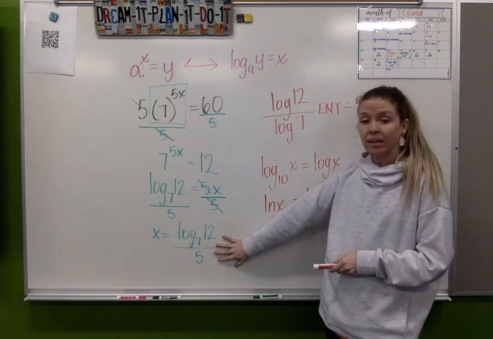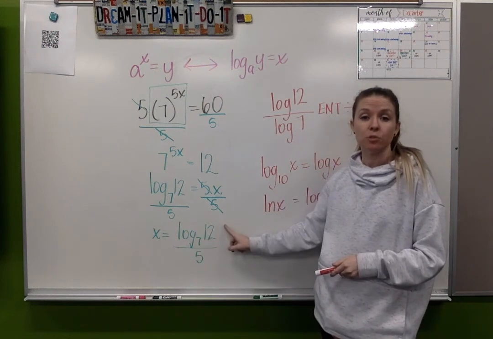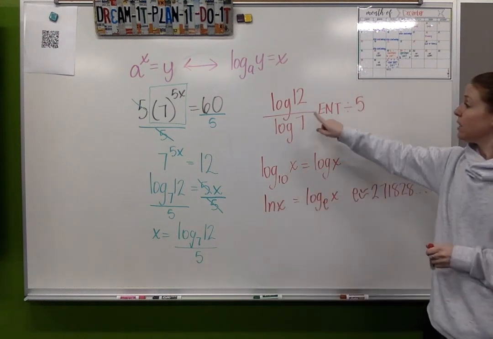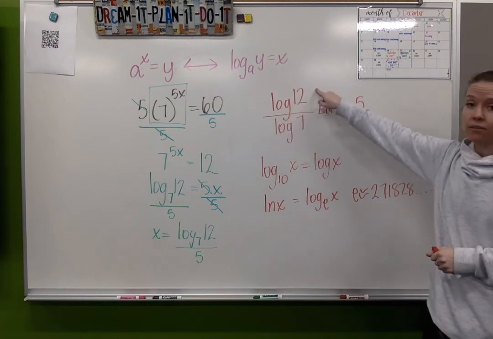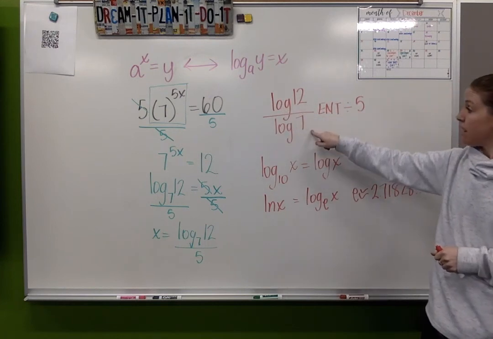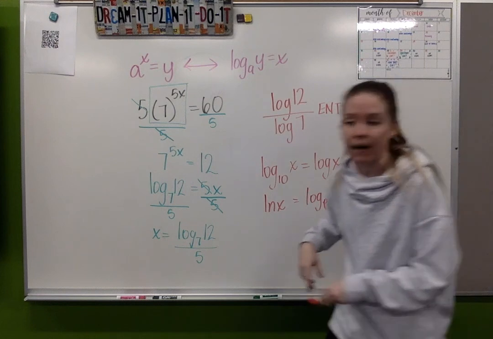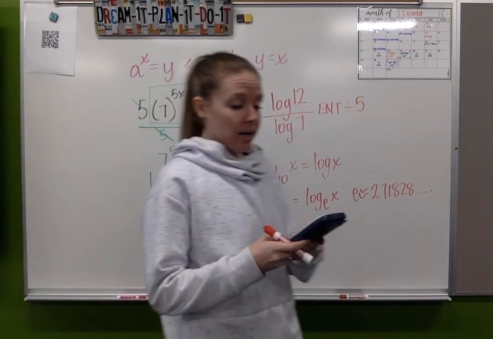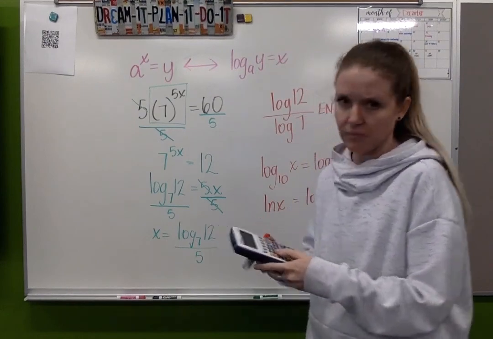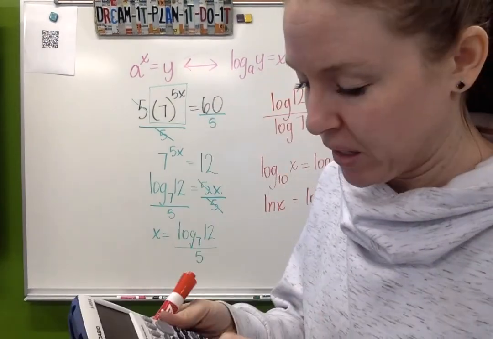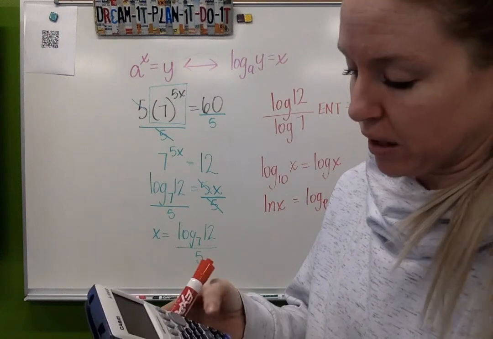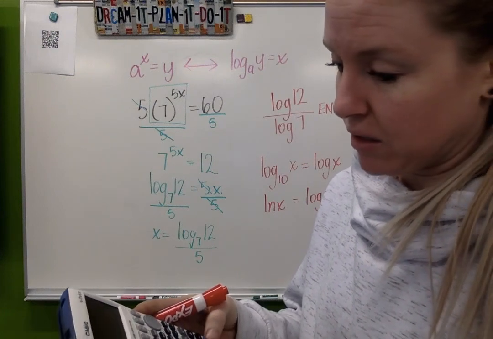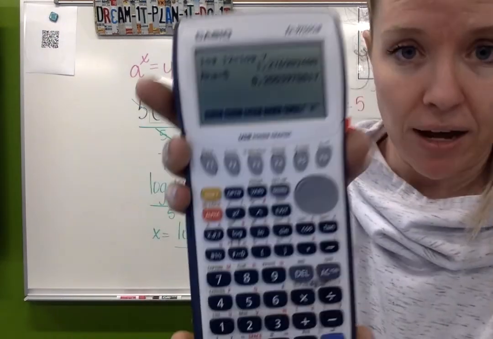So again, to evaluate this, we're going to take a log base 7 of 12 divided by 5. In the calculator, the log of 12 divided by the log of 7, hit enter, and divide by 5. I'm just grabbing my calculator. So if you guys don't have a calculator, make sure you have one. So on my calculator, I don't know if you can even see that. All right, so I'm going to do the log of 12 divided by the log of 7, hit enter, and divide by 5.